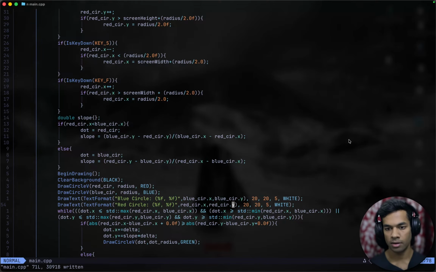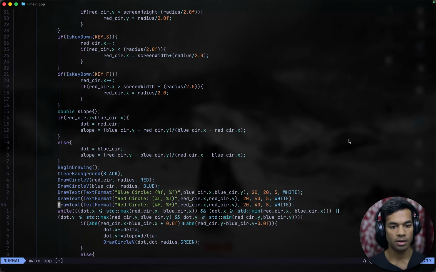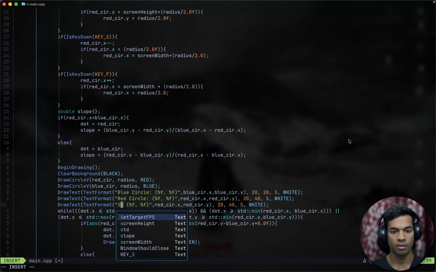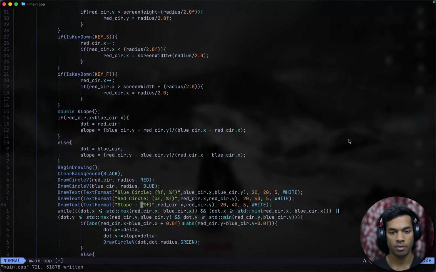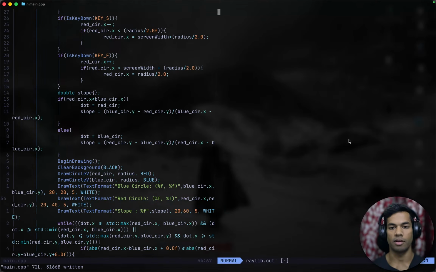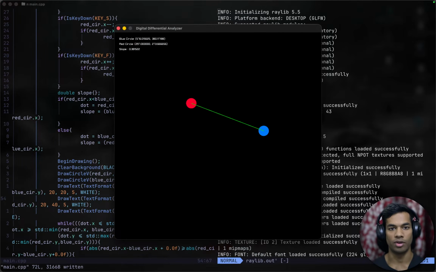Cool. And we have to change the y. Let's make this 40, and then we will also print the slope, which is just one floating point number, and x is the same, and the y should be 60. Font size is f. Let's see what we have, and yes, we do have everything.